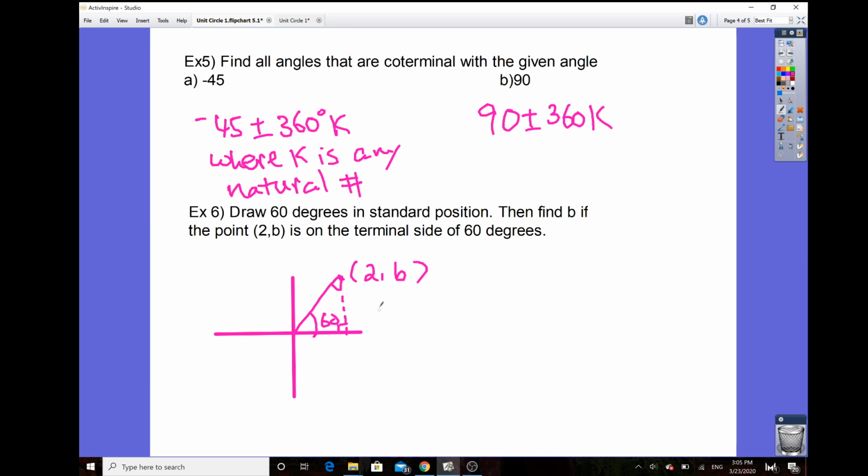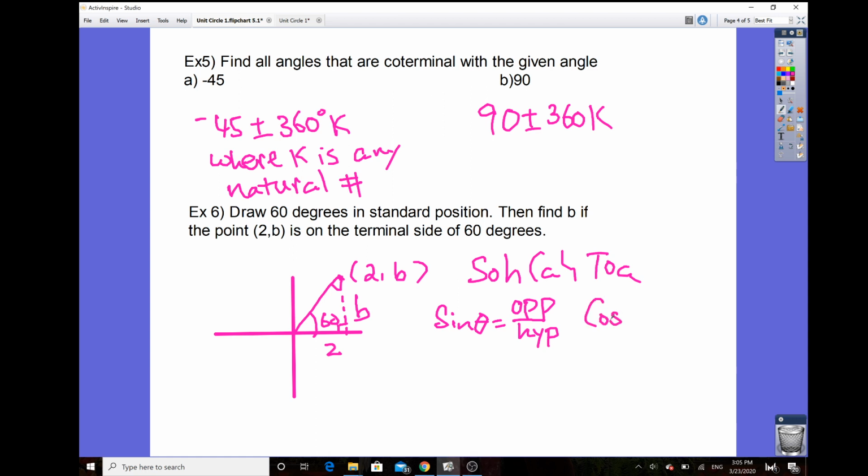One thing that we notice: 2 is considered adjacent, and b is the opposite. In order to find out what b is, we can use Sohcahtoa, back to what you did in trig. Sine of the angle is always opposite over hypotenuse.